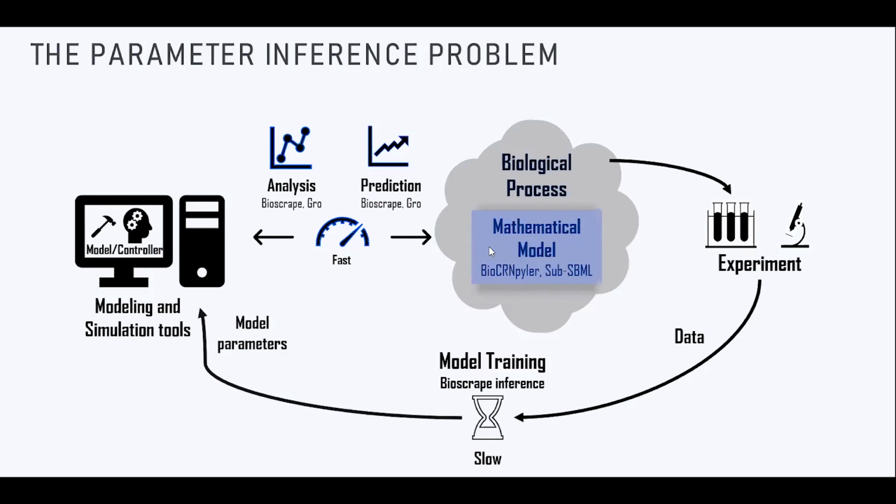However, to validate this mathematical model, we need to learn the physical reality, and that's the biological process. That's why we use the experimental data that comes out when we actually run the experiment for this biological process, and we want to learn or infer the parameter values of our mathematical model from that experiment. That is the arrow at the bottom, this cycle.